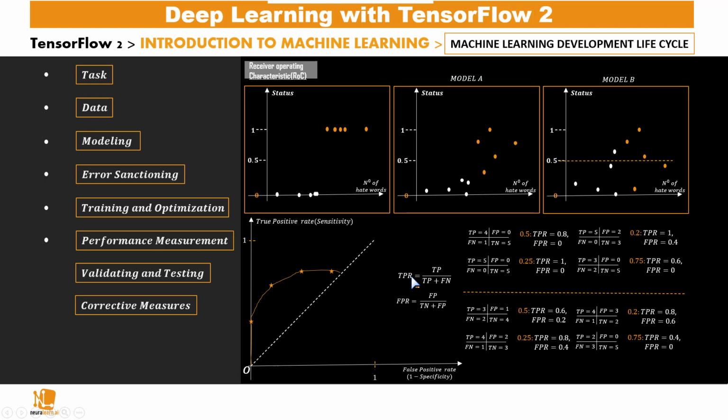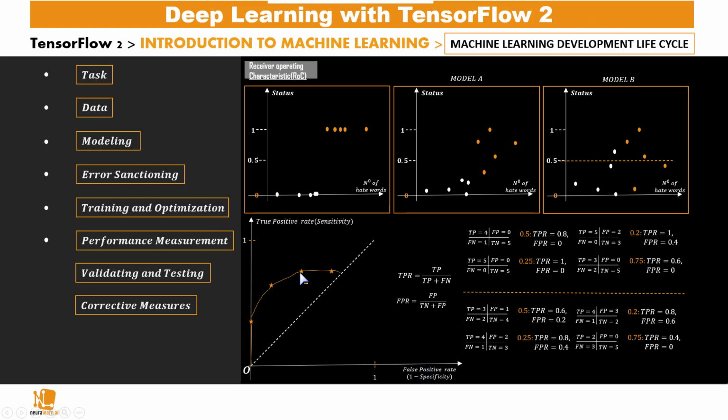And since from our requirements, our aim is to maximize as much as possible the true positive rate, we'll then pick out this point right here, since at this point we have the highest possible true positive rate and the lowest possible false positive rate.